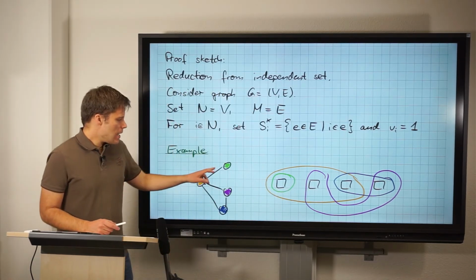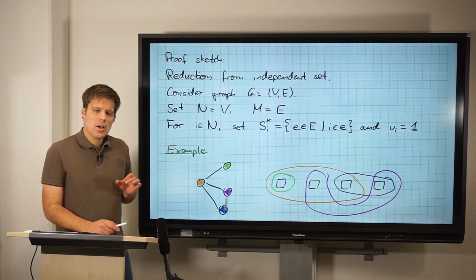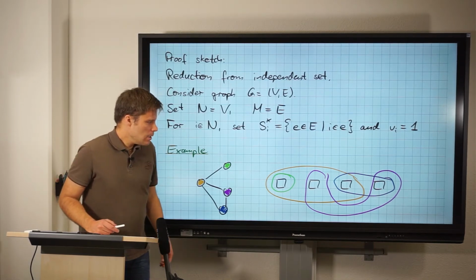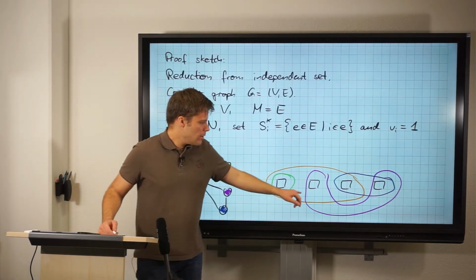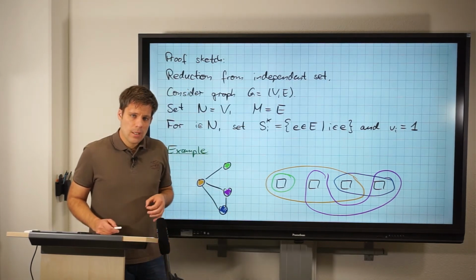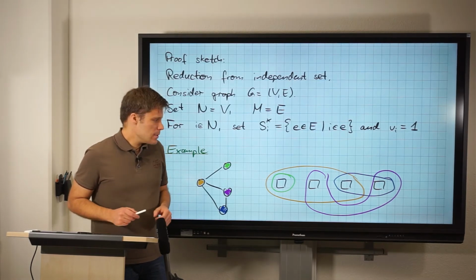But for each edge, it will not happen that both endpoints are selected, and that's exactly the point of the edges being represented by the items.